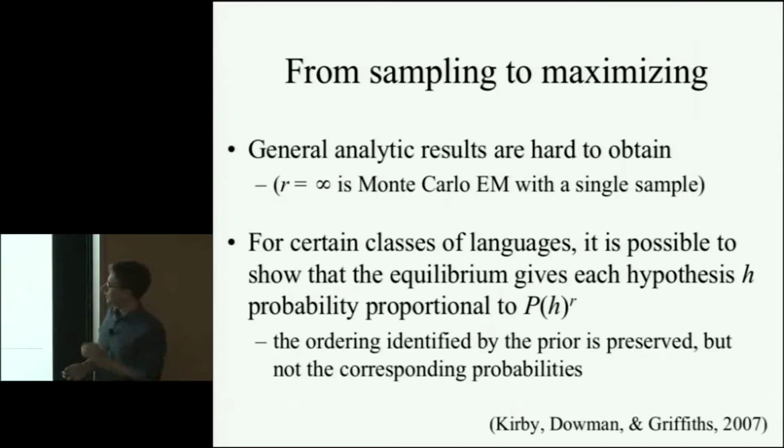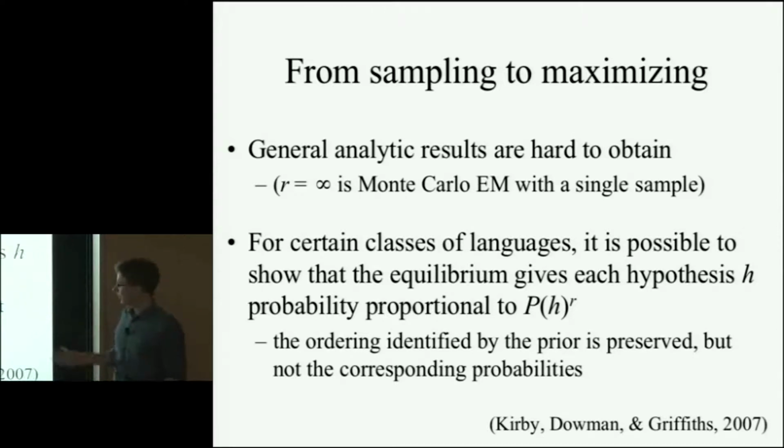Unfortunately, in this case, it's hard to get general analytic results. There's an interesting relationship with an algorithm used in statistics, which gives us some asymptotic results and indicates that you should expect to converge to a distribution that's centered on points that have high prior probability.